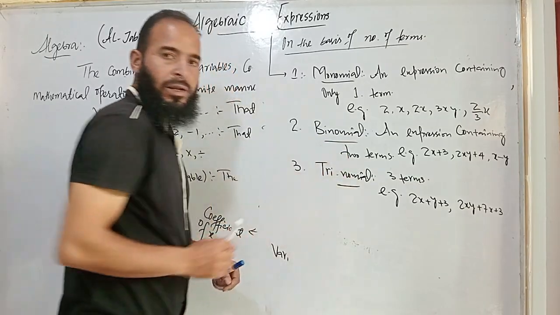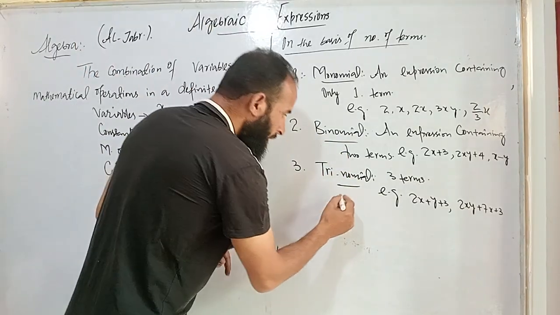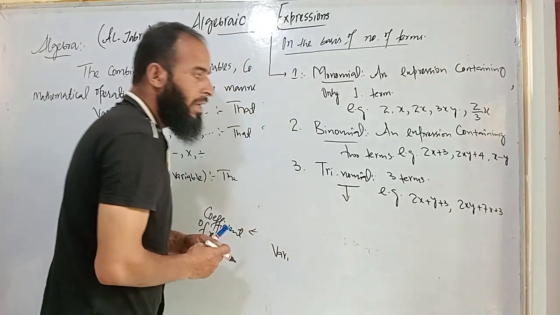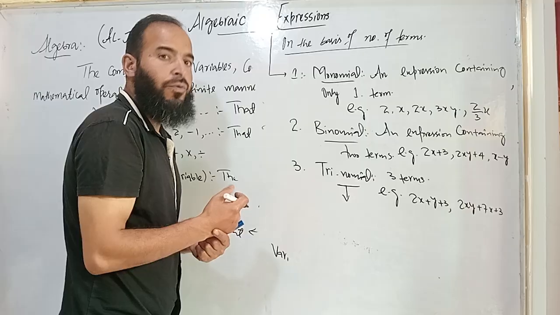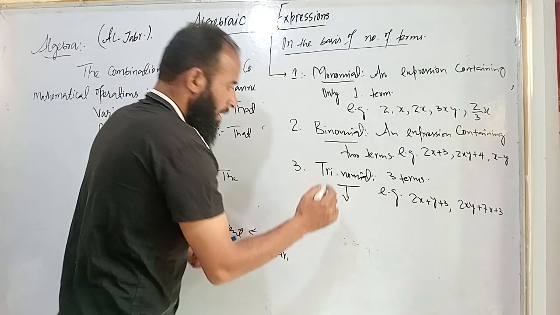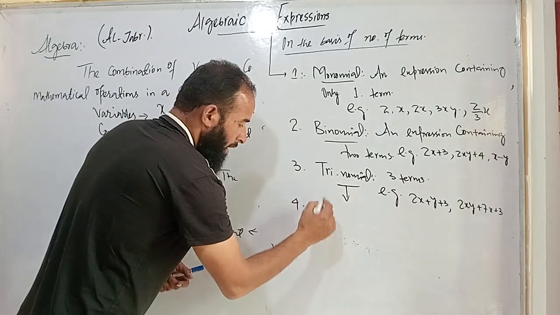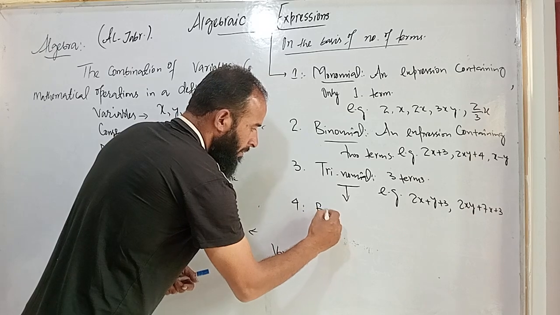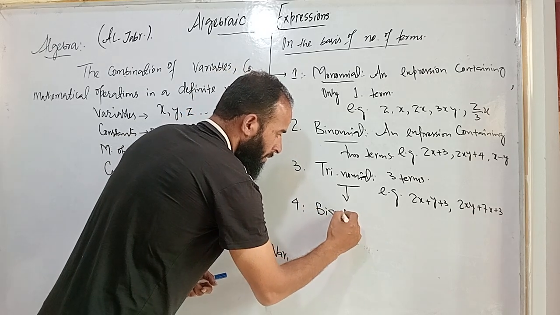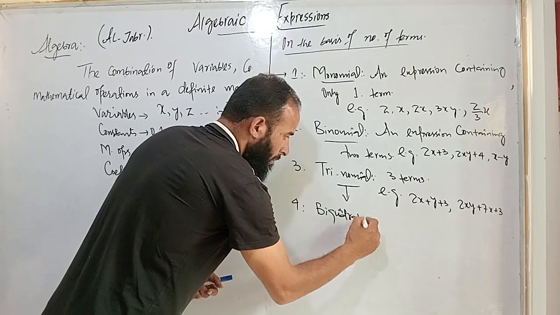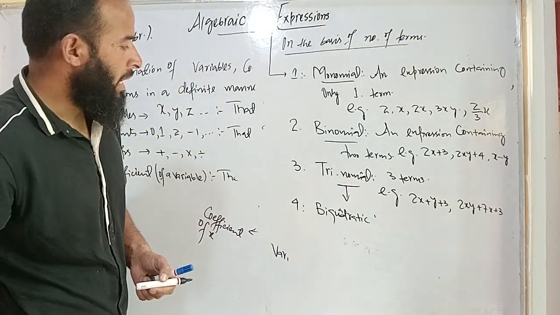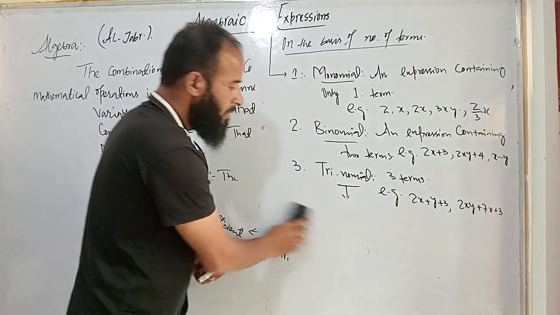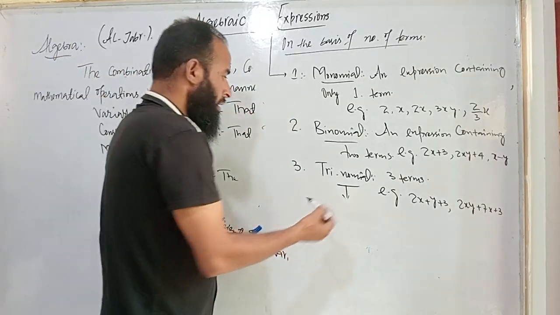Now see, if you look at these definitions, monomial, binomial, trinomial. Now what do we mean by an expression containing more than 3 terms? First of all, it is biquadratic. Or let's leave this one, this is not in your syllabus.